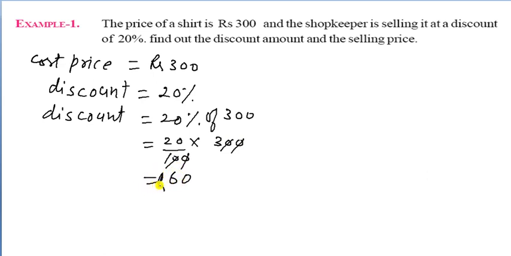It is the discount. So after the discount, what is the selling price? The selling price is cost price minus discount.